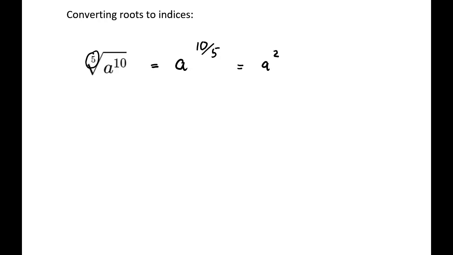Now, here would be another example. So maybe we have the square root of x to the power of 3, and here we've got the square root, and traditionally we would not necessarily write the square root, but for this example we just put that down here, and written as an index, we take x to the power of 3 divided by the root, and that would be 2.